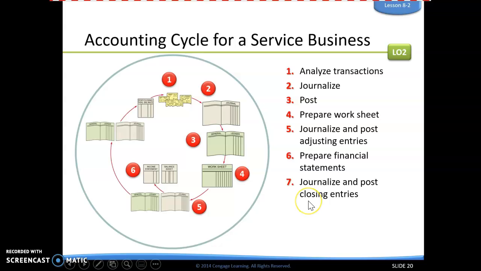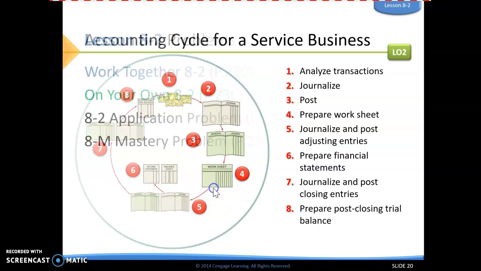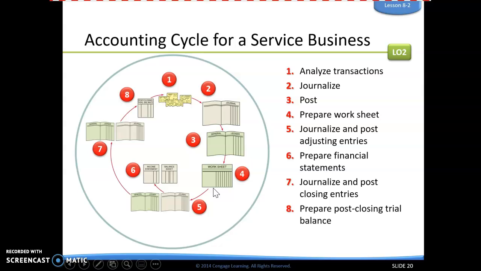And then number 7 is to journalize and post closing entries. And number 8 is to prepare that post-closing trial balance. And that finishes out the end of the accounting cycle, the end of the fiscal period, and it starts over at number 1 for the next fiscal period.